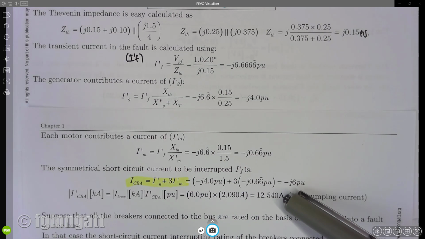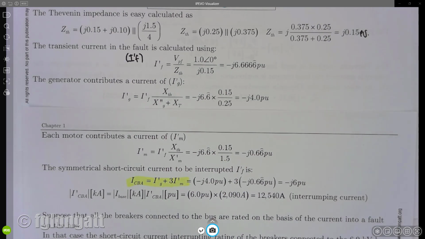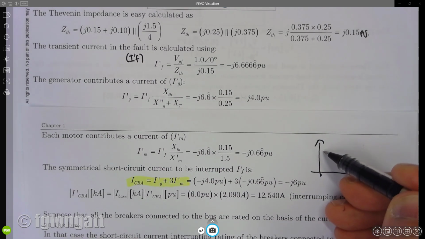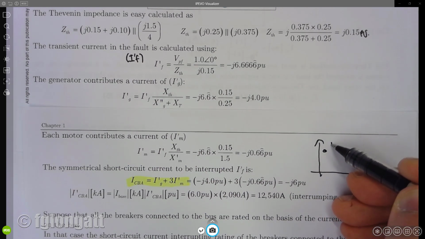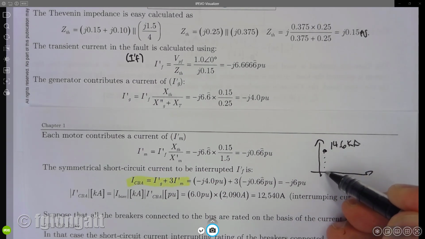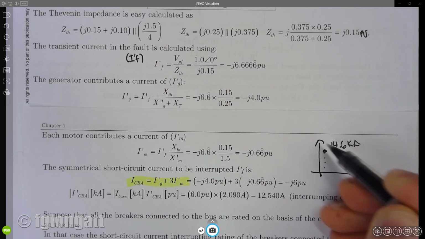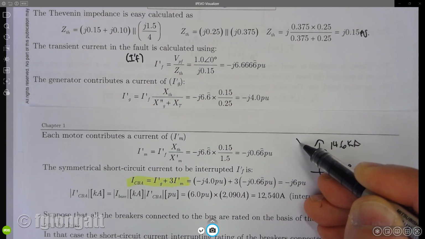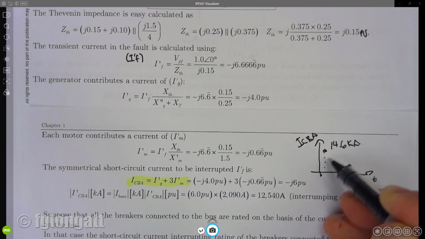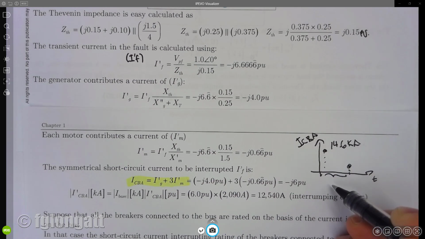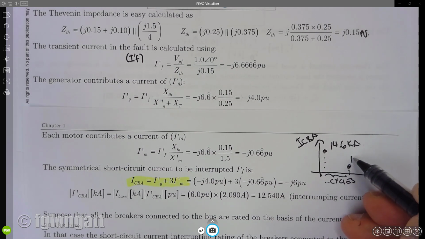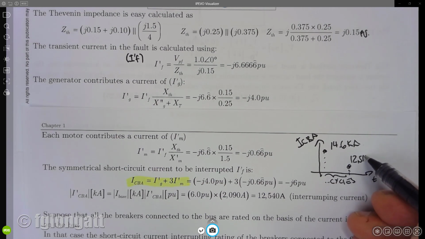But if you compare with the subtransient moment, if you remember, sorry, it was 14.6 kiloamps, and right now during the interruption time, a few cycles after, the current is 12.5 kiloamps.